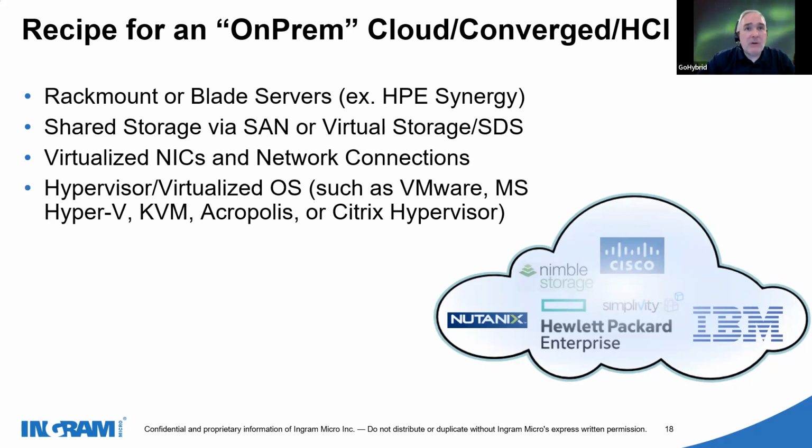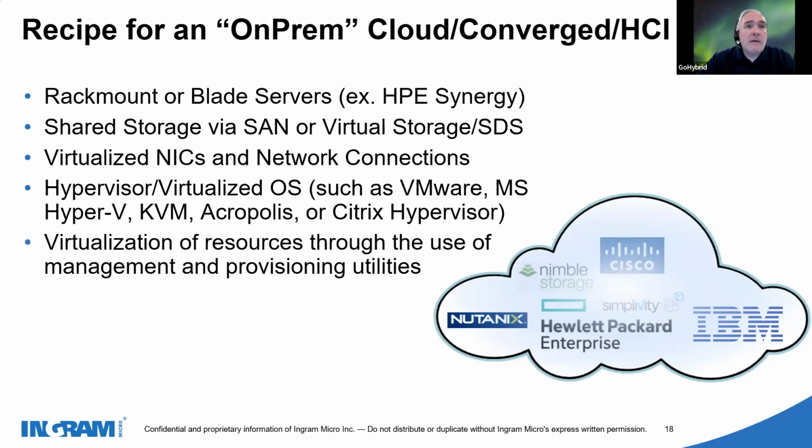Virtualized NICs allow us to carve up network bandwidth according to the bandwidth requirements of the individual connections we need created. A hypervisor installed on our servers allows us to divide compute resources and create virtual machines as needed on the fly.